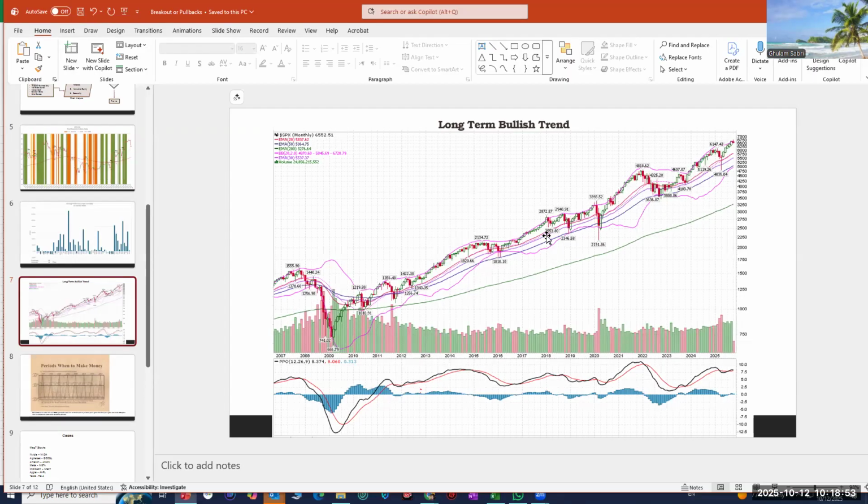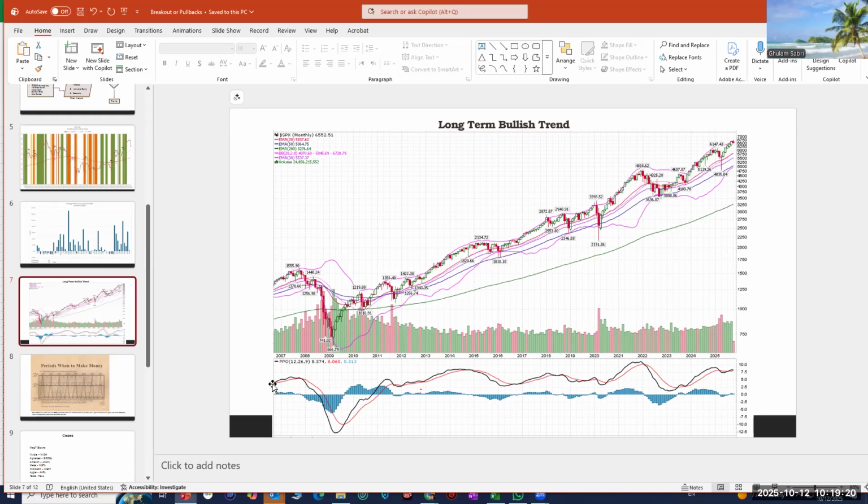Yes, along the way, we will have pullbacks. We will have corrections of 5-10%, but we're still in a bullish trend. One way of looking at it, this is a monthly chart, by the way, because it's a long-term chart, around 18 or 19 years, 20 years to be exact.